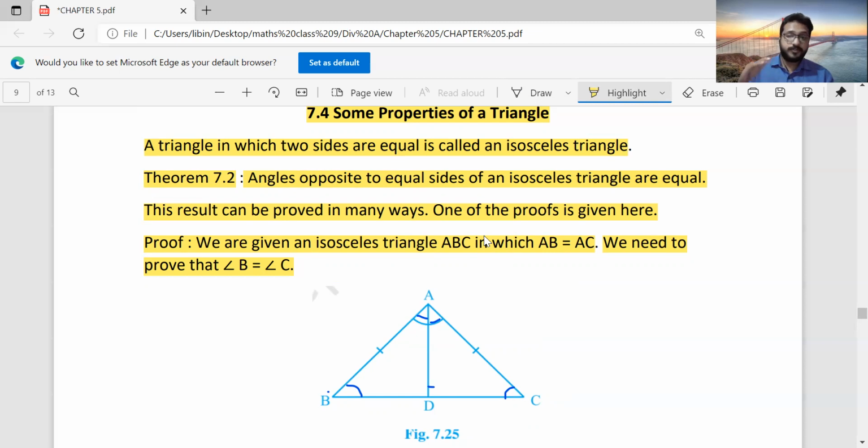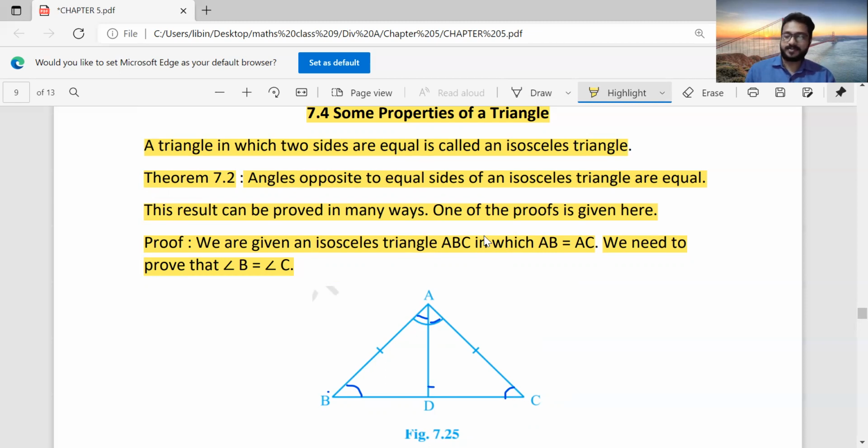It will be if Q then P. Here we said angles opposite to equal sides of an isosceles triangle are equal. So what would the next theorem be? It would say the sides opposite to equal angles of a triangle are equal.